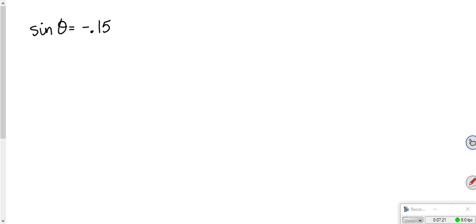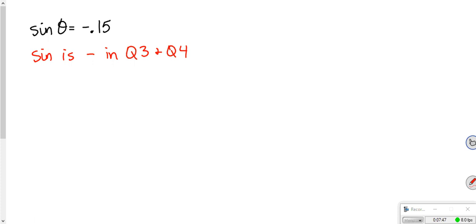Well, sine is negative in quadrant 3 and quadrant 4. If you remember, sine is your y-axis. So sine is positive in the first and second, negative in the third and fourth quadrants.